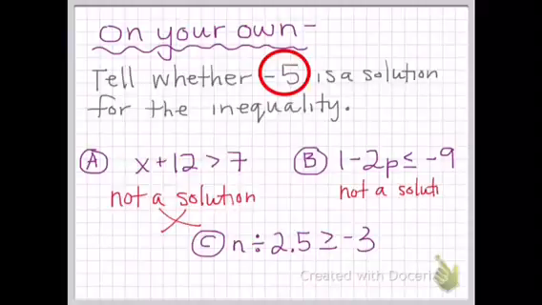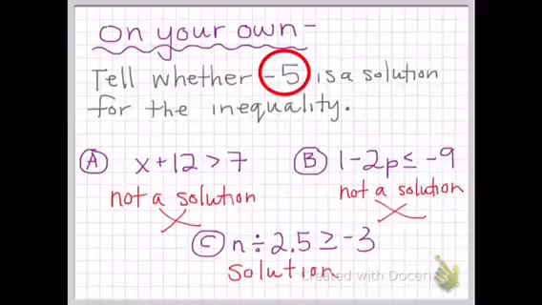High five yourself if you got this. And for C, you should have gotten solution. Negative 5 works. Awesome job. Now, if you didn't get that correctly, please check your steps. Go back and see what you did wrong, okay?